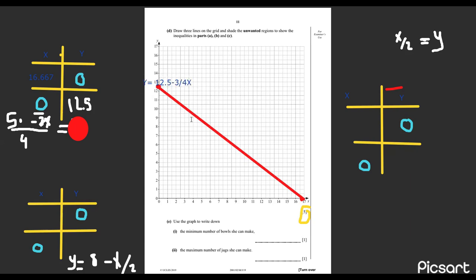Okay, I abbreviated here. So the second, when x equal to 0, it will be 8 minus 0, so y here will be equal to 8. So 0 and 8, mark it for the second line.